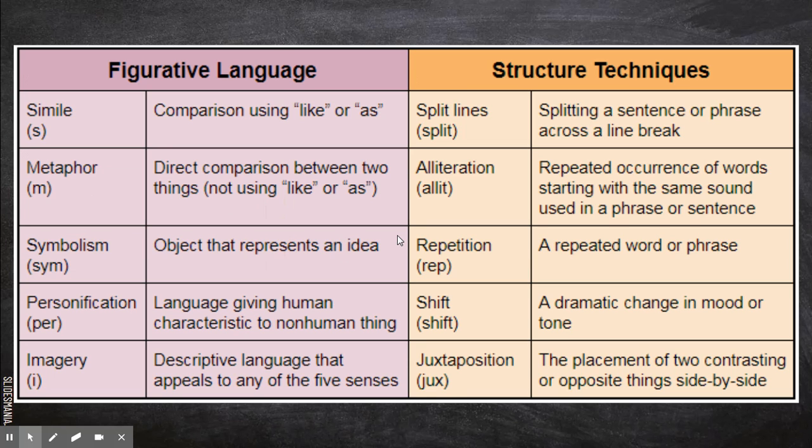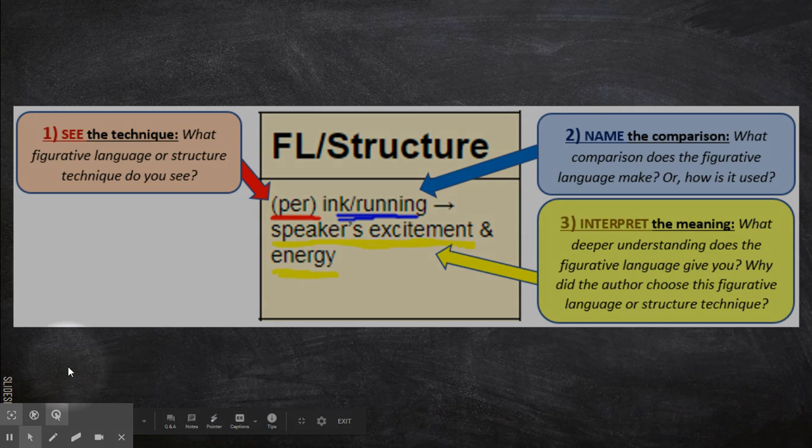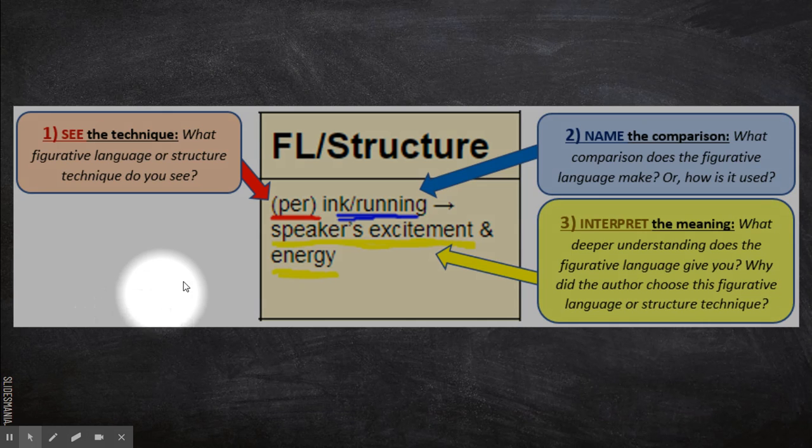And you can see right here in the table where we list a bunch of figurative and structural techniques, all of these techniques have abbreviations listed under the full name. Okay, so let's look at what the actual figurative note might be. I'm just showing you this column so we can break it down. Three steps, three components. First, we already did it together. See the technique, right? Identify the figurative language or structure device.